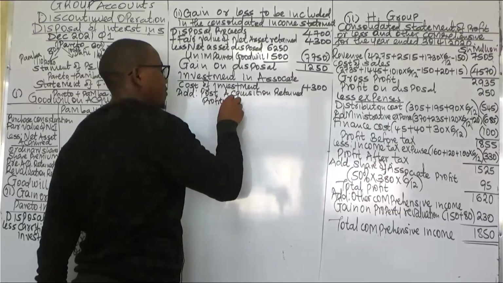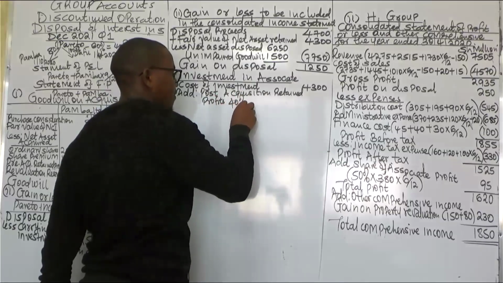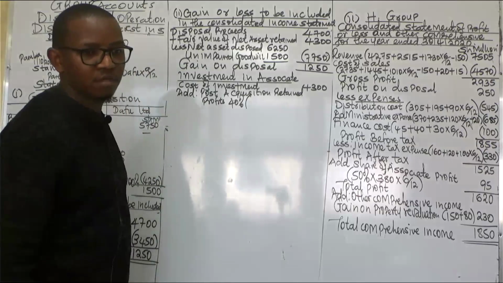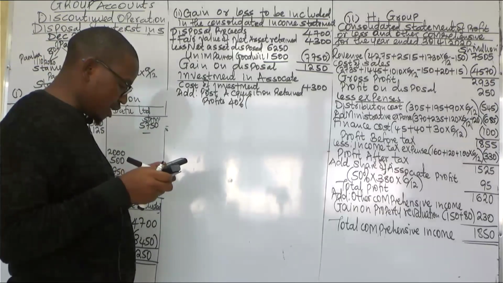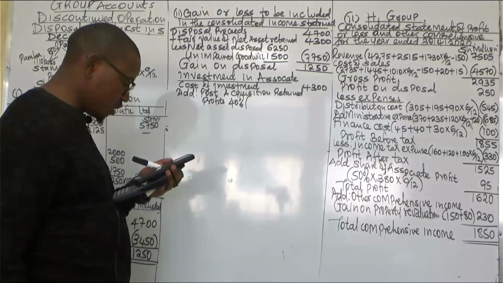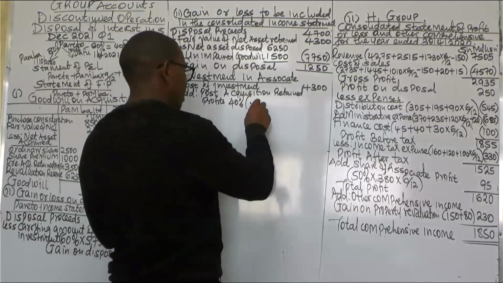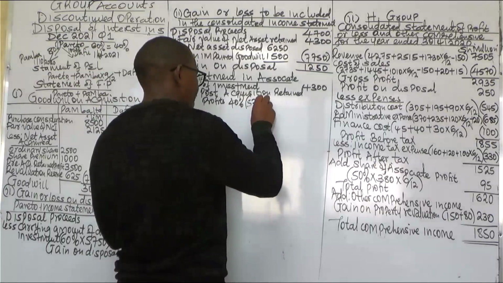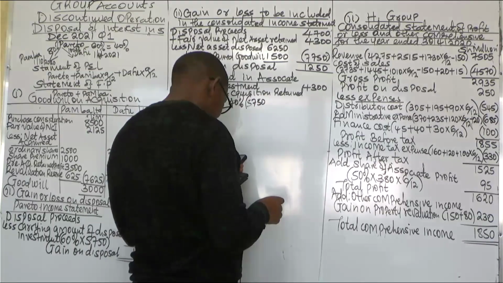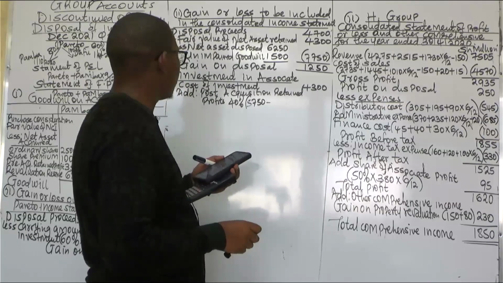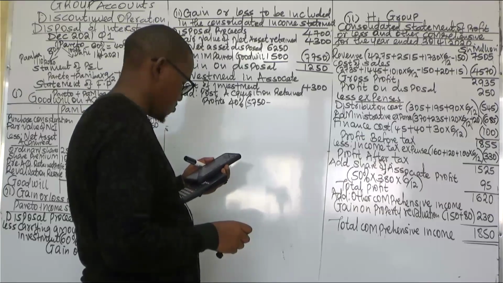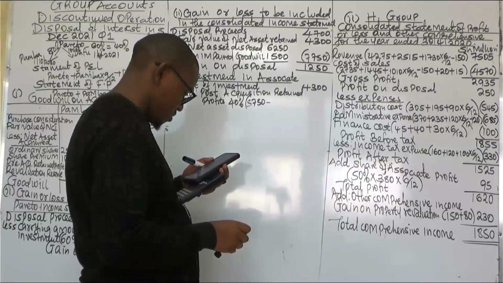Now, what will be the post-acquisition retained profits? It will be 40% as at the year end. What is the net assets? I mean, what is the retained earnings of this? It is 57.50, as at the time of disposal.